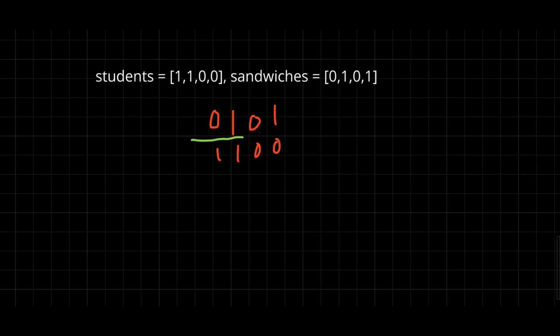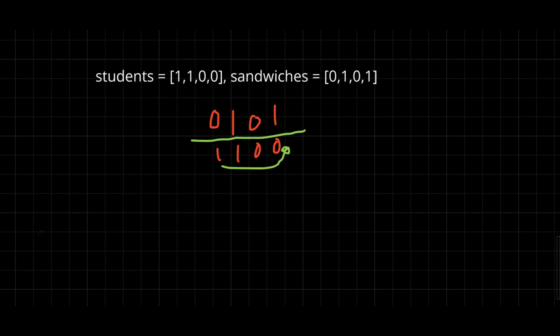At first, the first student notices that its preferred type is 1, the square sandwich, but the option is the circular sandwich. So it will not take anything from here. So it will go to the back of the queue.